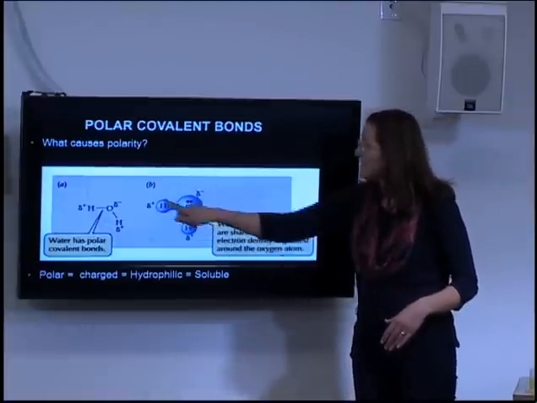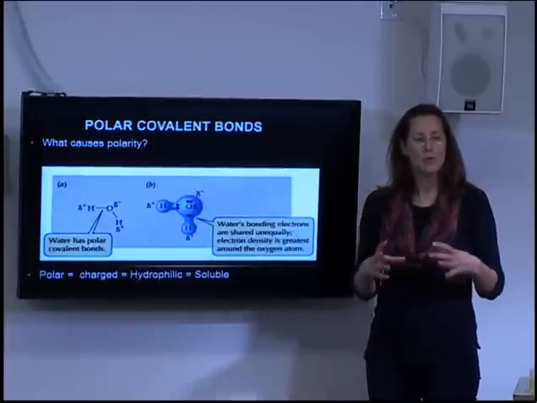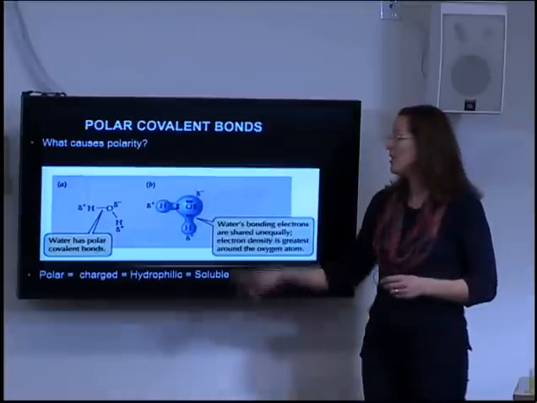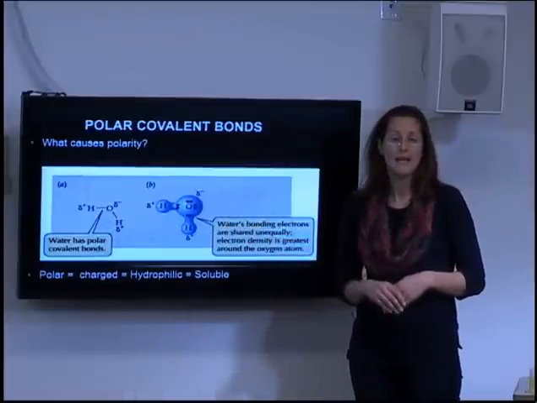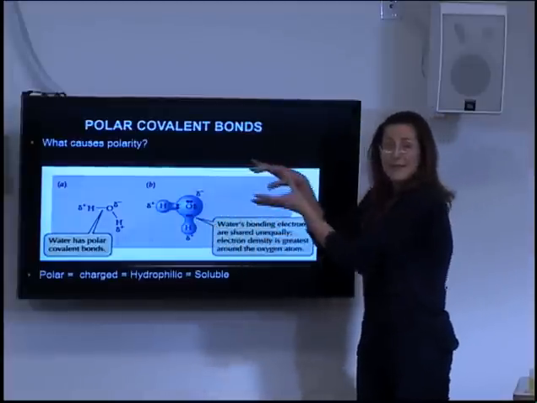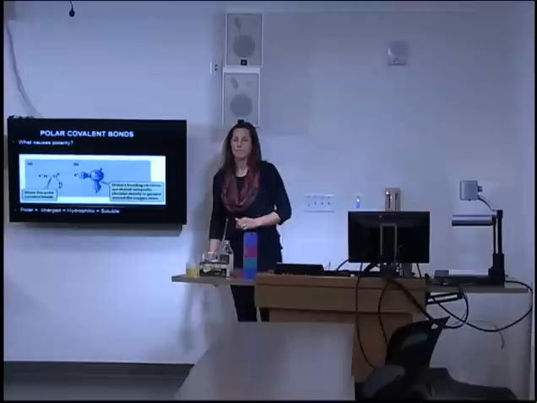And the reason is because they have some partial charges. We defined polarity as having either a partial or a full-blown charge. So not surprisingly, water molecules like other water molecules, meaning they can come in and bond with each other. And we're going to talk about that type of bond in just a moment.